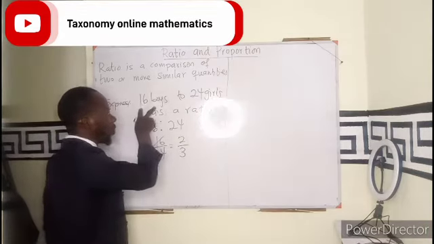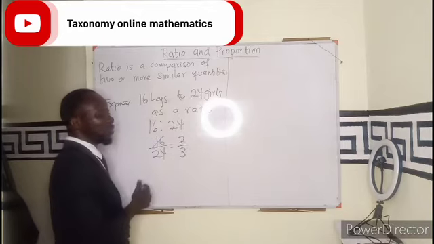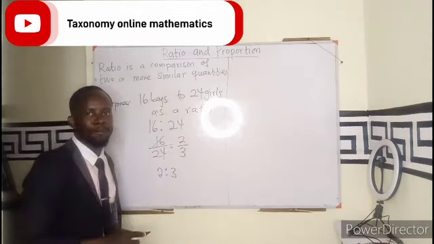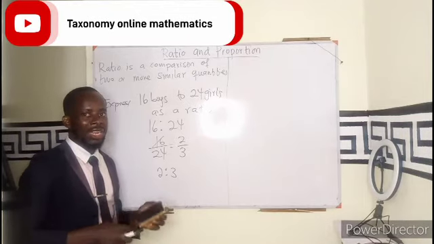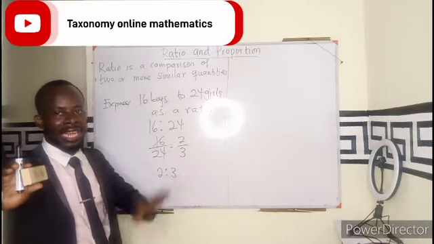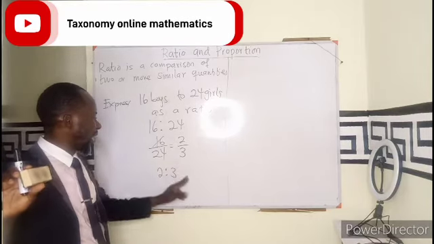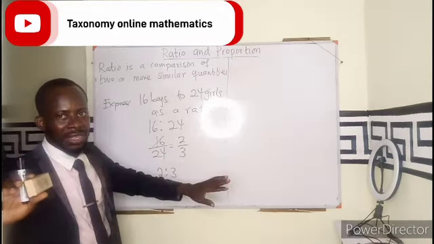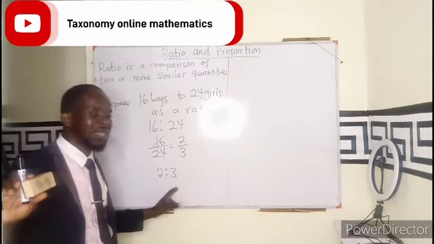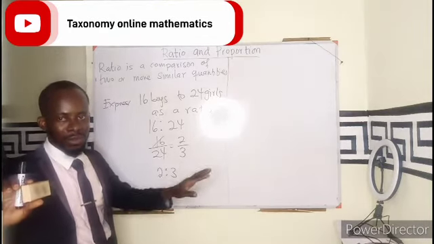So the ratio of 16 boys to 24 girls is just going to be 2 is to 3. Meaning in total, if the division of boys and girls in a class is being done according to 5 parts, then 2 parts will be for boys, then 3 parts will be for girls.